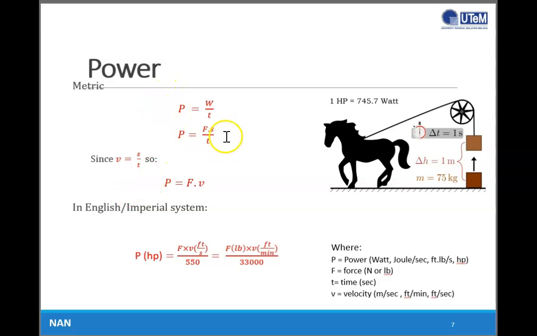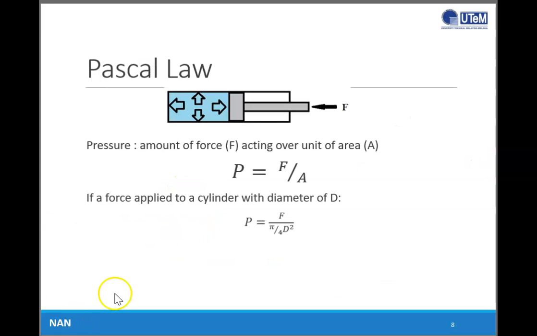Power is equal to work divided by time, or force times distance divided by time. Since we know that velocity is equal to distance over time, we get power equals force times velocity.